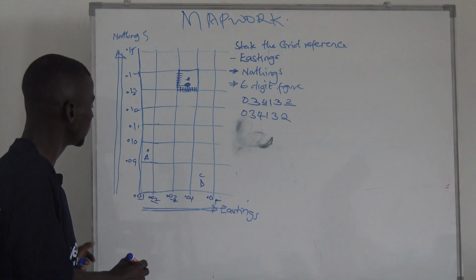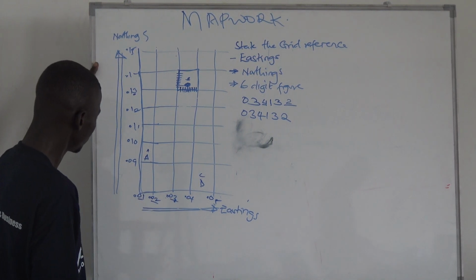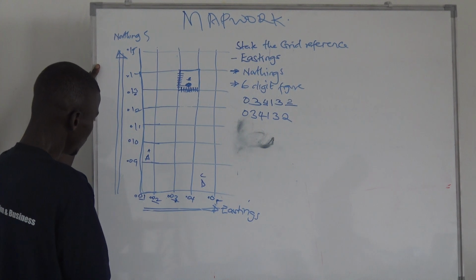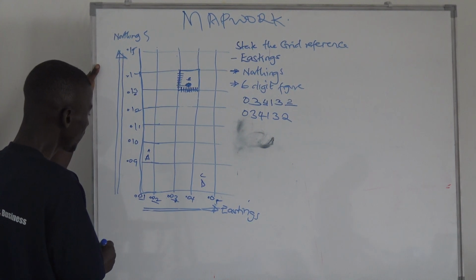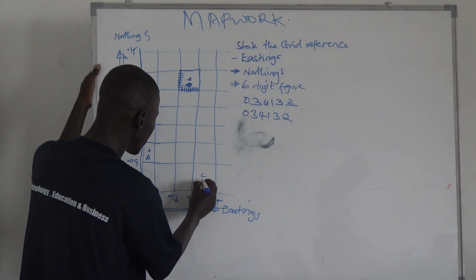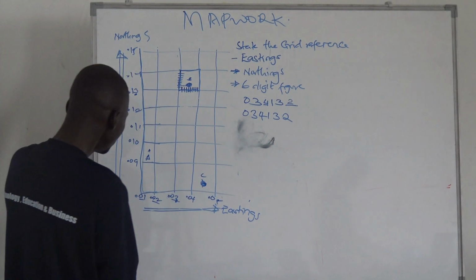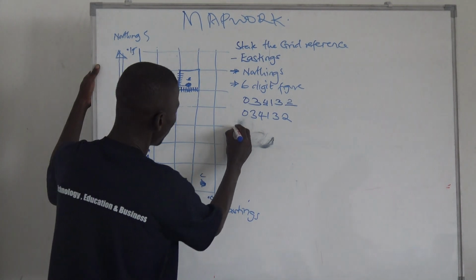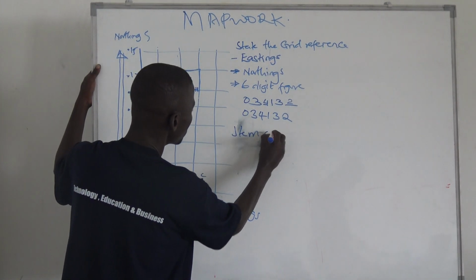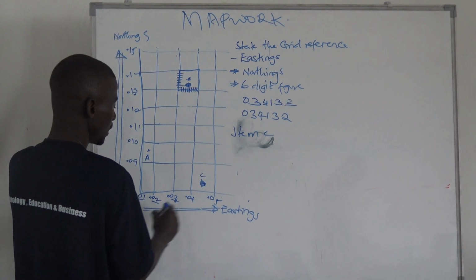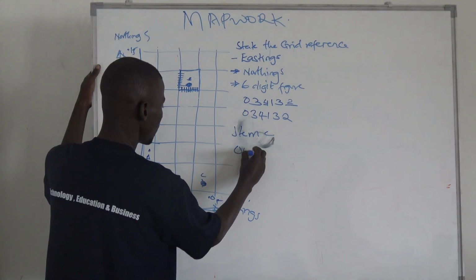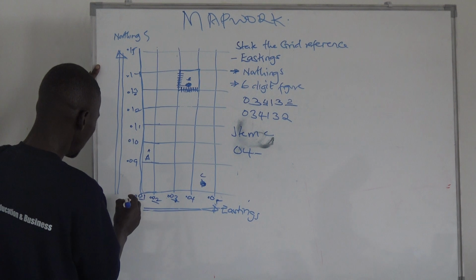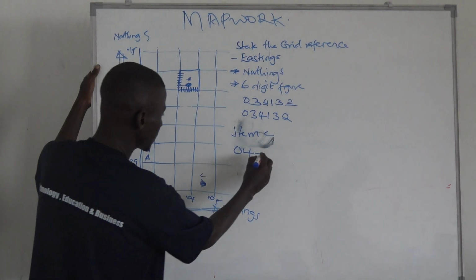Let us consider point C, or item C. Item C is standing at eastings 04, northings 08.